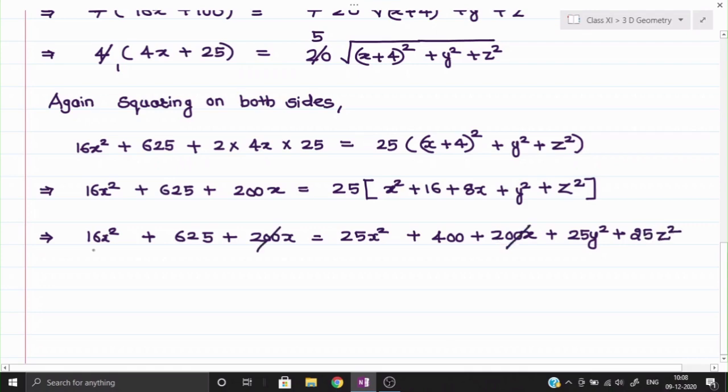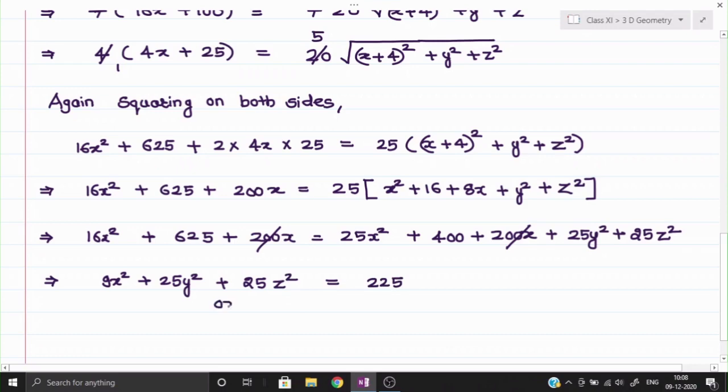These two terms 16x square and 625 we can send onto that side. So it can be written as, or 400 we can bring on this side and 16x square I can send onto that side. So 25 minus 16, that will be 9x square plus 25y square plus 25 z square is equal to 625 minus 400 will be equal to 225.